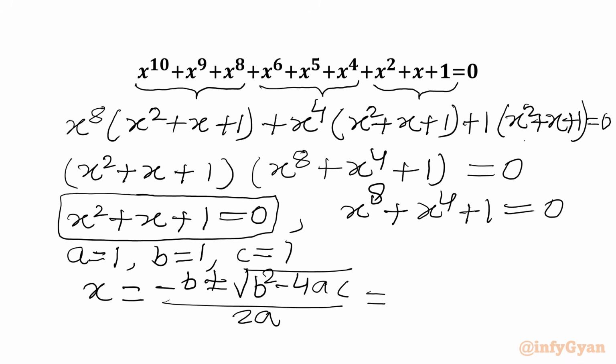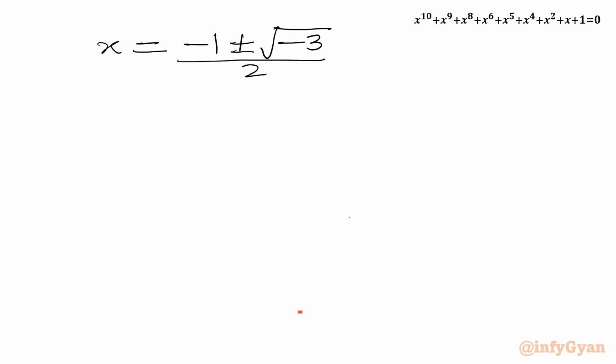After plugging all the values of a, b and c, we will get minus 1 plus minus square root of 1 minus 4 over 2 times 1, which is 2, so x equals minus 1 plus minus square root of minus 3 over 2.